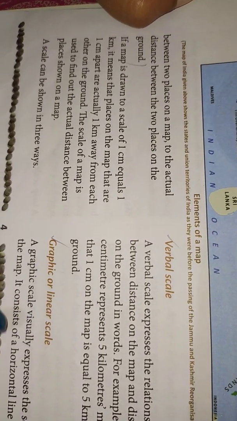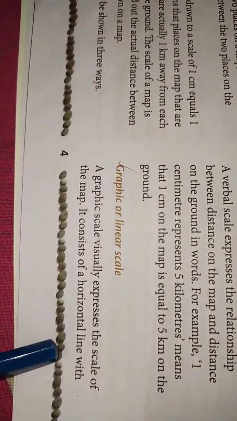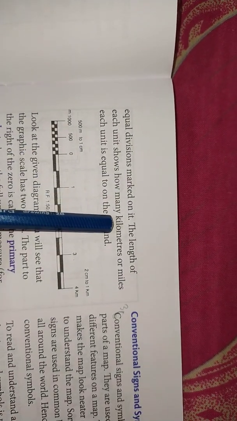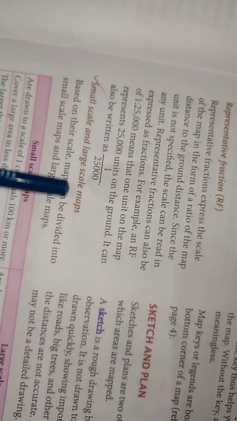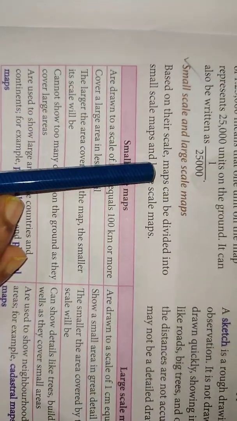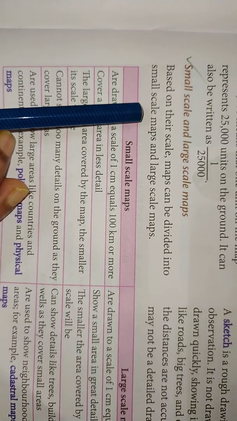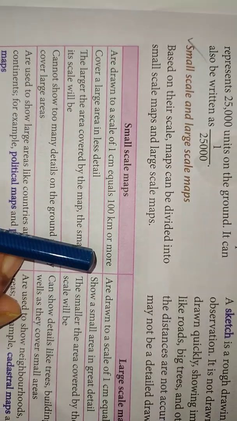Now the linear scale. A graphic scale visually expresses the scale of the map. It consists of a horizontal line with equal divisions marked on it. The length of each unit shows how many kilometers or miles each unit is equal to on the ground. Now the small scale and large scale maps. Based on their scale, maps can be divided into small scale maps and large scale maps. What are small scale maps?